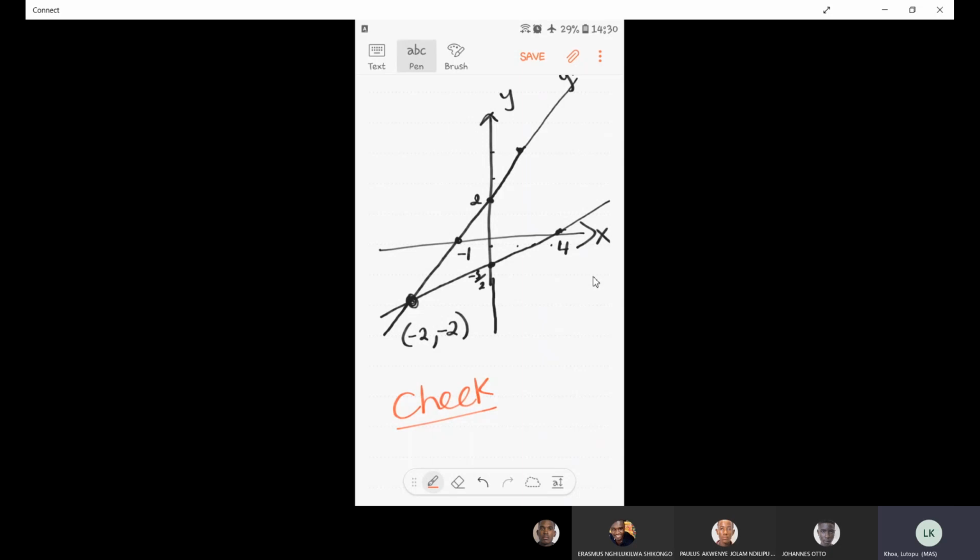Okay, do we have any questions on how to draw a line and how to use this method of drawing a line to solve simultaneous equations? Or are we fine?